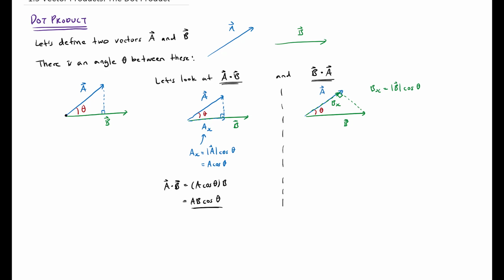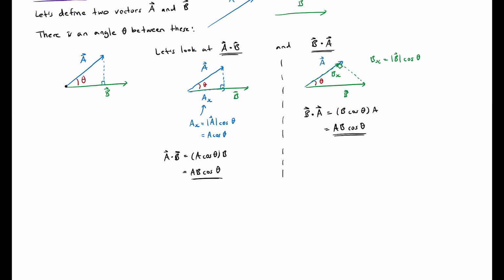So now we have B dotted with A, and that's equal to the magnitude of B along the vector A, so B cos theta, times the magnitude of A, which is just A. And that gives us AB cos theta. As you can see, these two are identical.